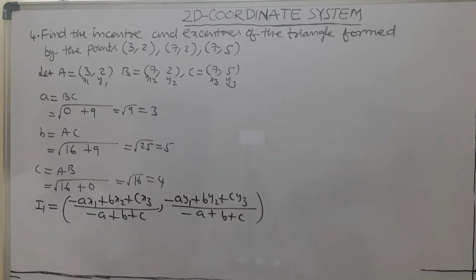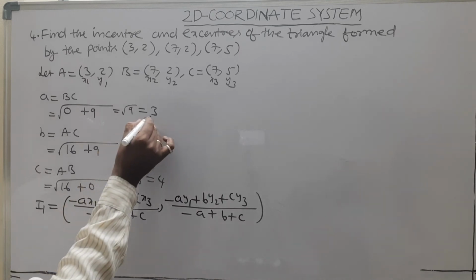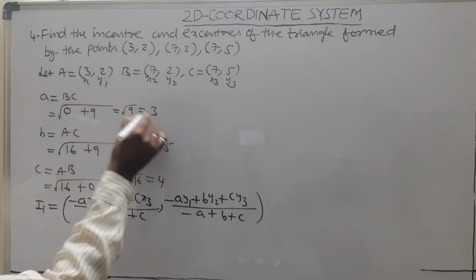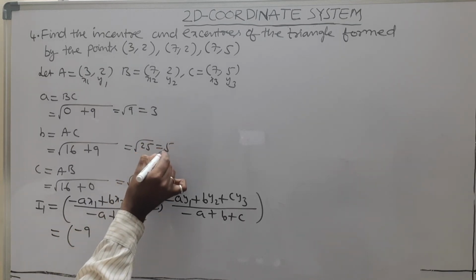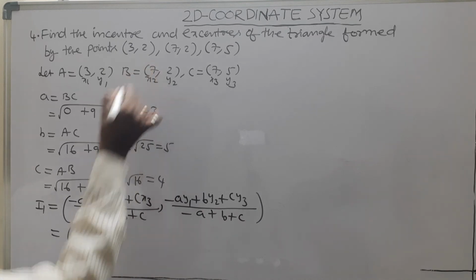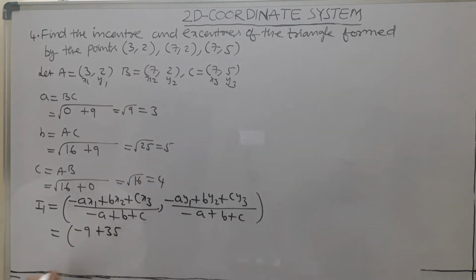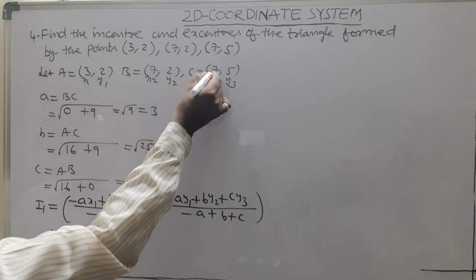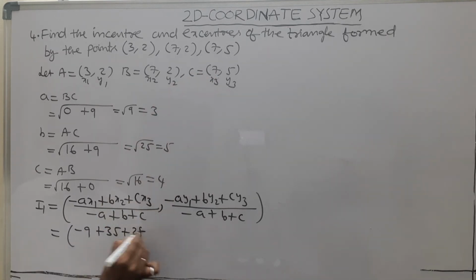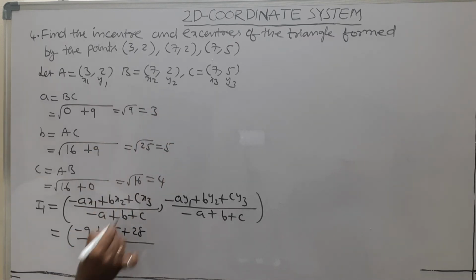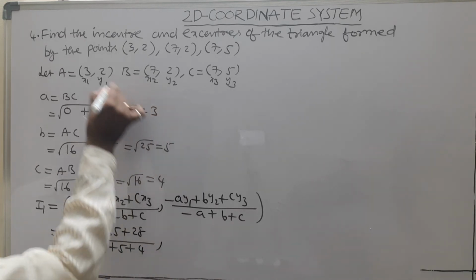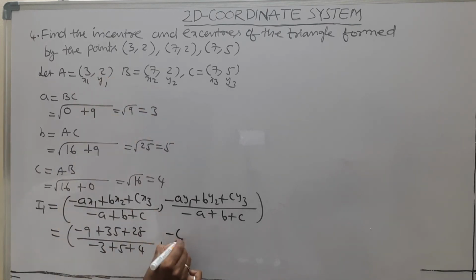Here the multiplication is directly applied. A value is 3, x1 value 3, 3 into 3 is 9, minus 9. B value is equal to 5, x2 value 7, 5 7s are 35. C x3, 4 into 7, 28, by minus 3 plus 5 plus 4, comma, a y1: A value is 3, y1 is 2, 3 into 2 is 6, minus 6.